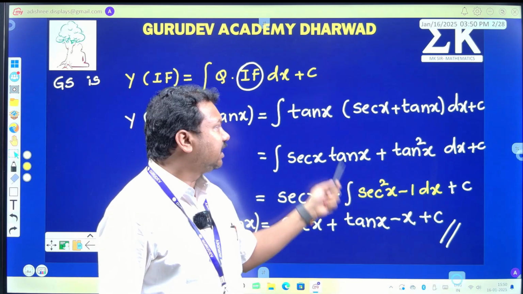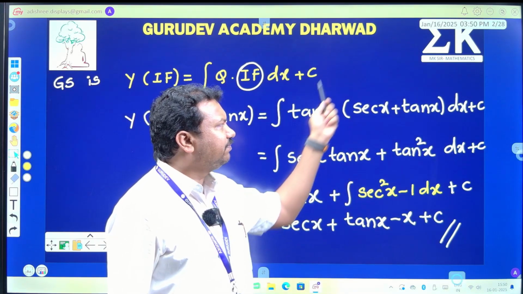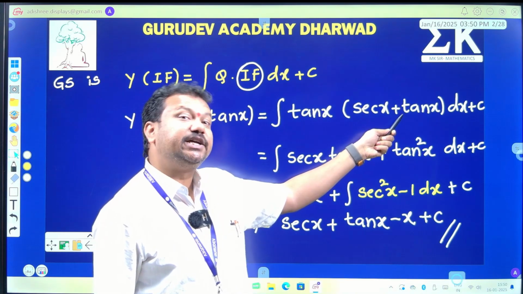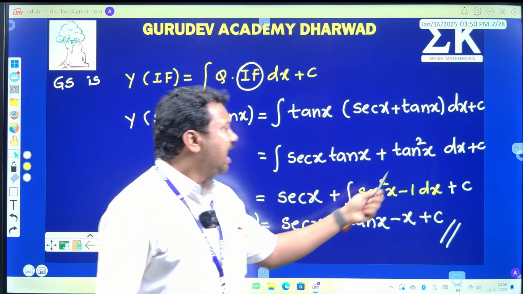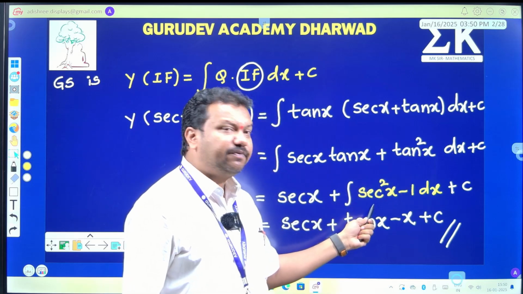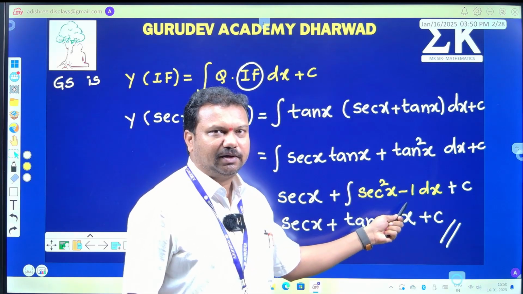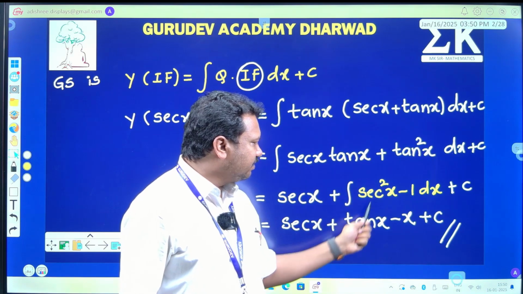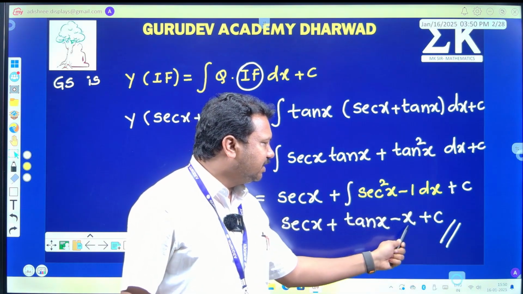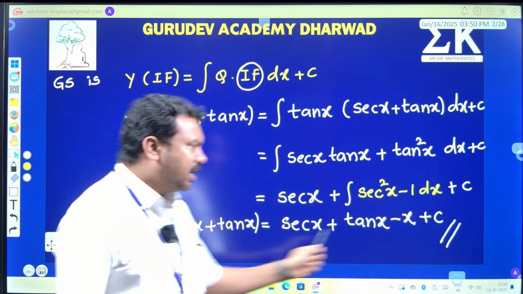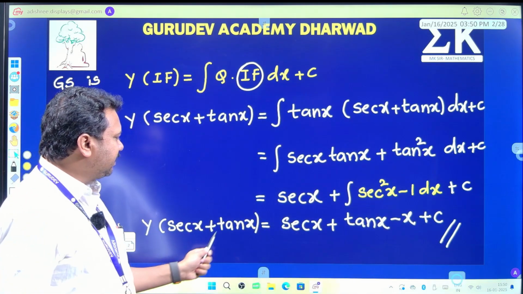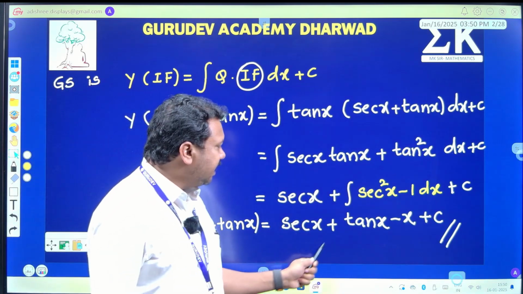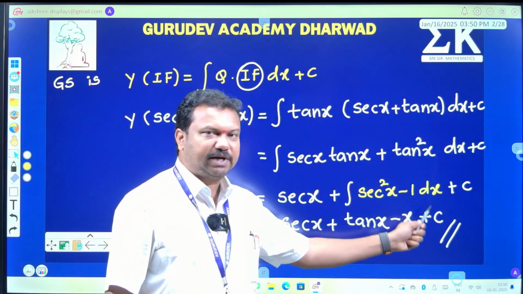We know that answer directly, but we don't have any standard formula for the integration of tan square x. Hence, I am converting tan square x in terms of secant square x minus 1. Therefore, the integration of secant square x is tan x, and the integration of 1 is x. Therefore, the final answer is y into secant x plus tan x is equal to secant x plus tan x minus x plus c.